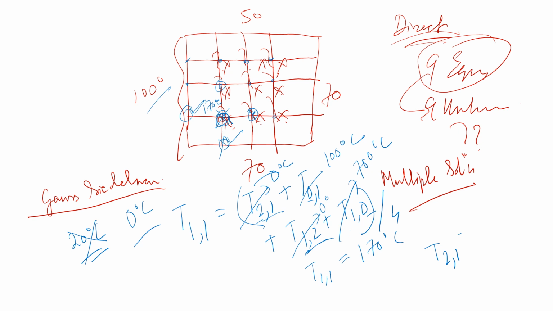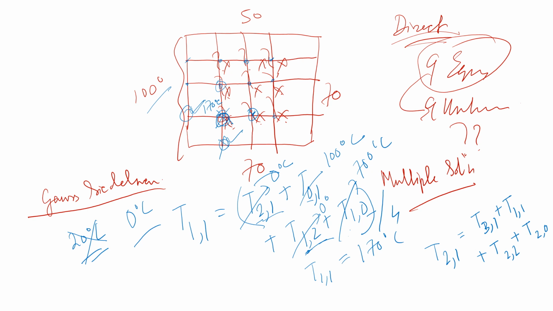So in case of T21, you see the value says that T21 is T31 (I plus 1), plus I minus 1, that means T11. And then we go for J plus 1, that means this will be your T22, plus J minus 1, that means this will be your T20, correct?